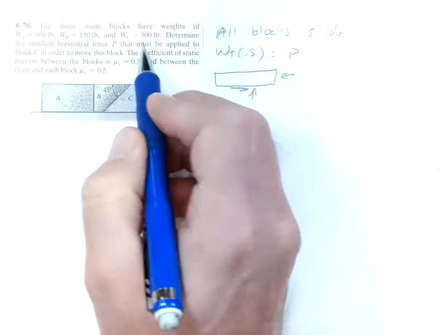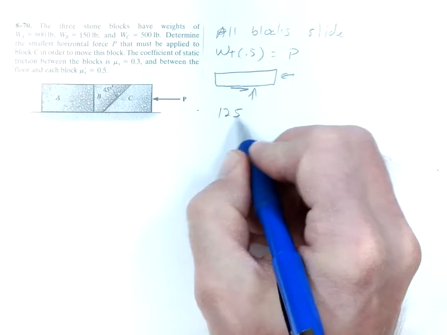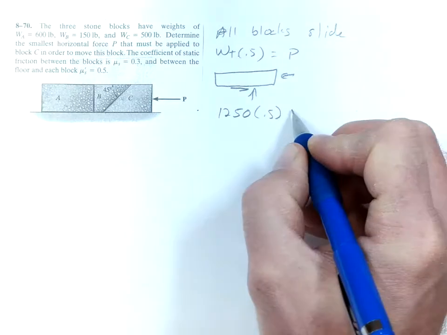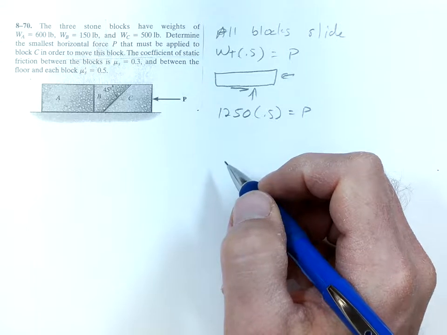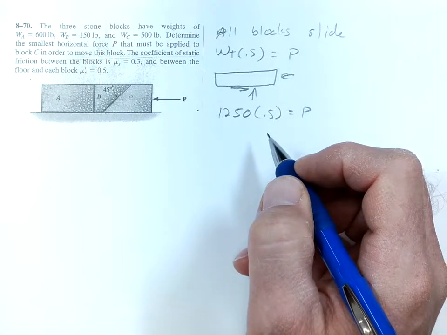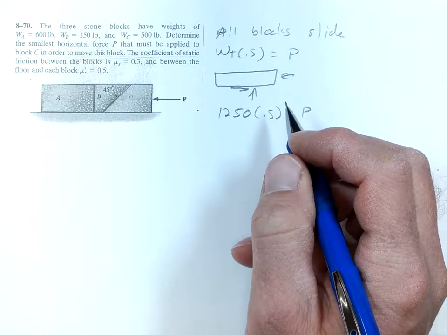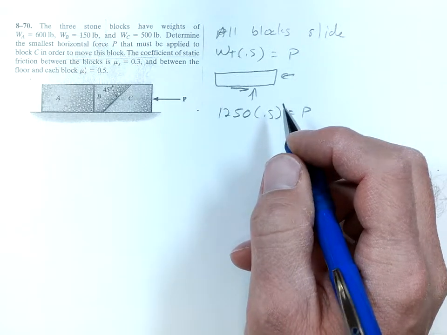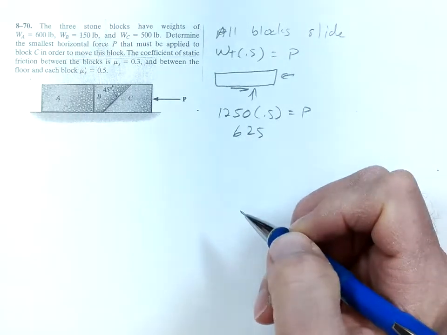So the total weight is 1250 times 0.5 equals P, and that total is 625.